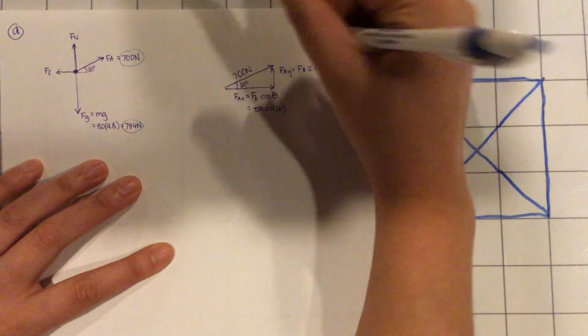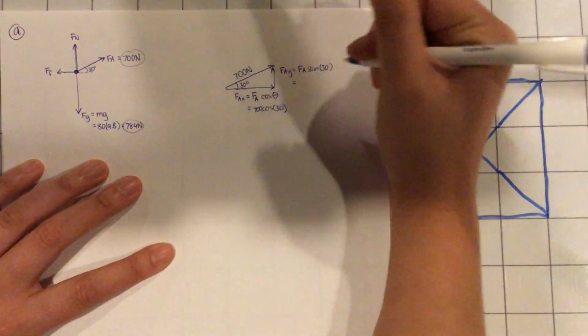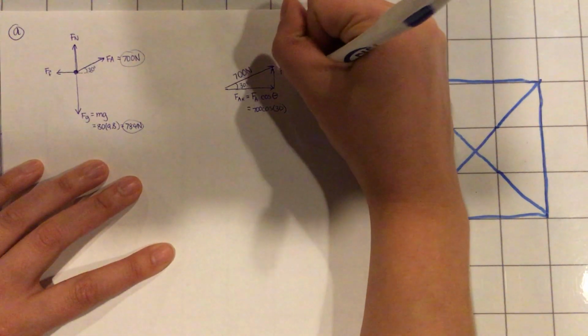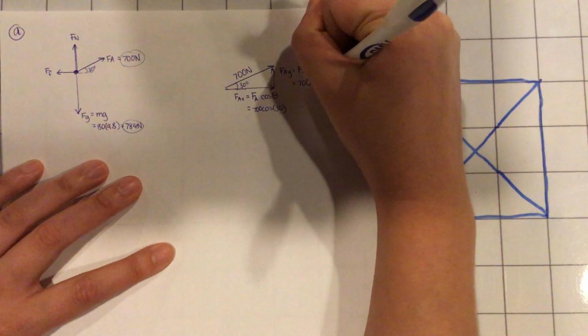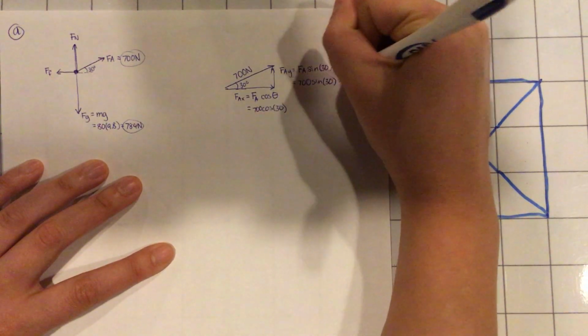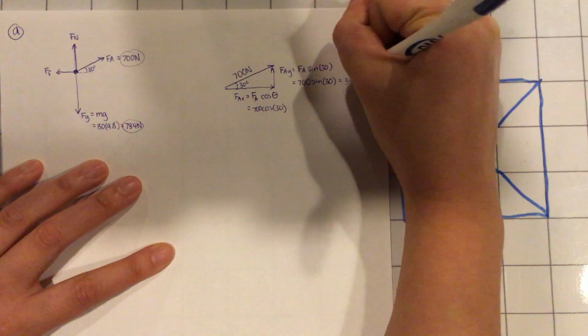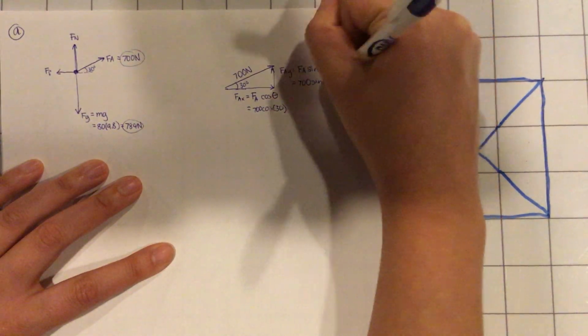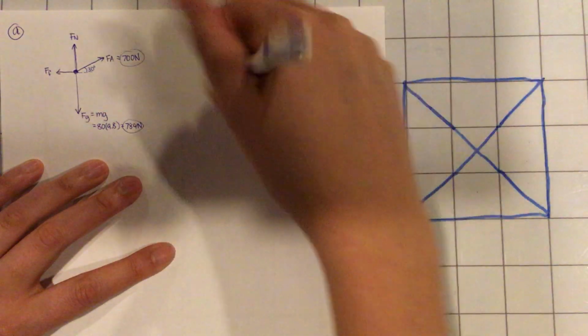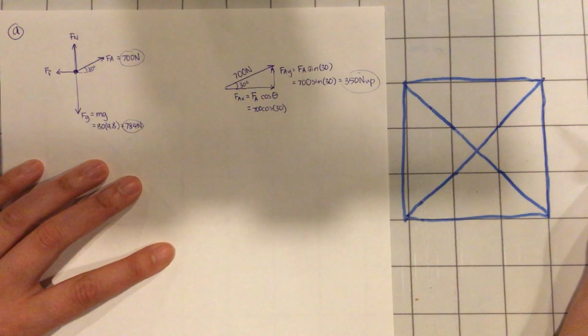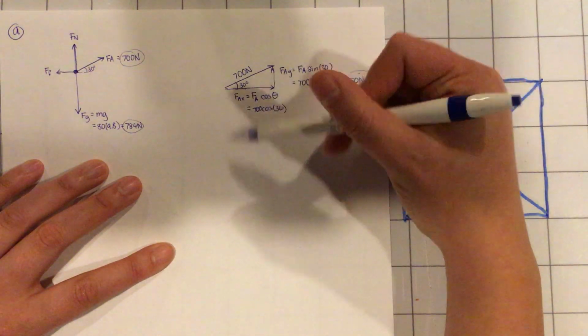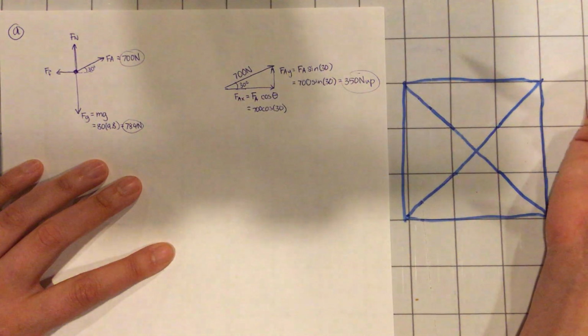This is actually the value we really need in this problem. So FA sine 30 is 700 sine 30, and that's going to give me 350 newtons up. It turns out we don't actually need the x component to solve this problem, but if you wanted to, you could substitute this into your calculator and find it.